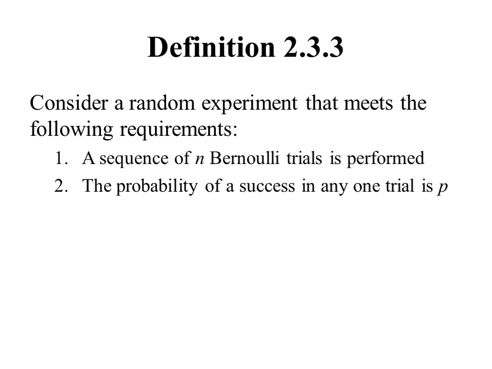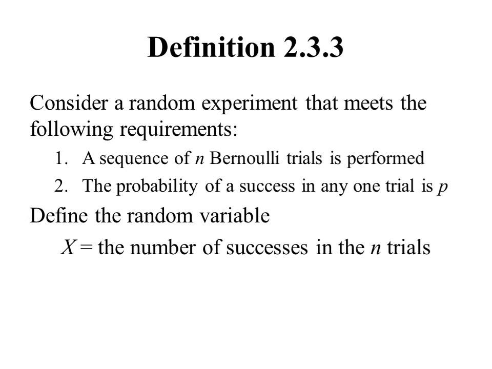Now, we're going to use this idea of Bernoulli trials to define our binomial distribution. So consider a random experiment that meets these two requirements. A sequence of n Bernoulli trials is performed, and the probability of a success on any one trial is p. So we're going to perform something over and over again, and we're going to let p denote the probability of a success on any one trial.